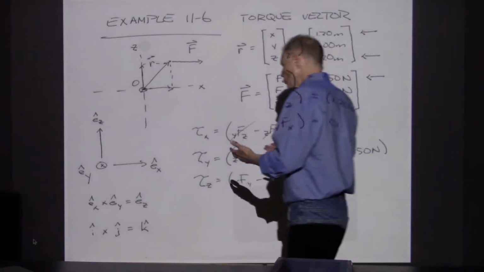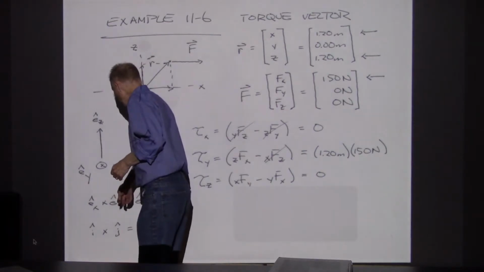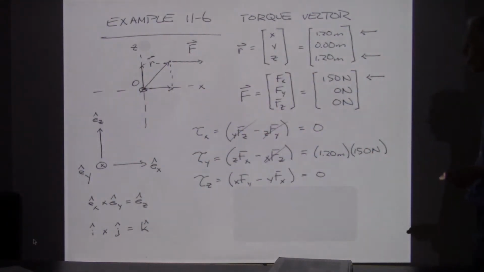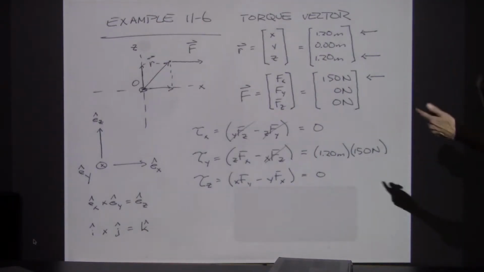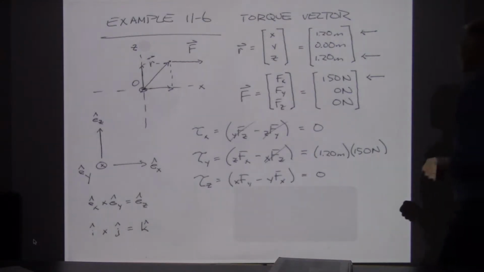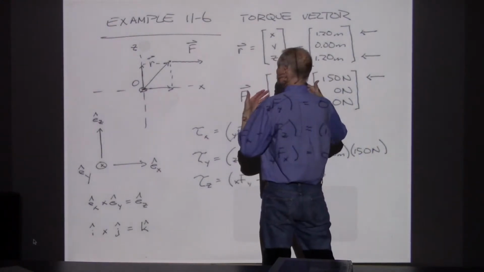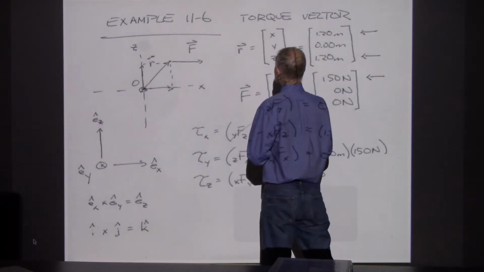Now in the book's notation, that would be i cross j equals k, j cross k equals i, k cross i equals j. So you just cycle through those three letters. So let's take a look and see how this cross product is going to work.